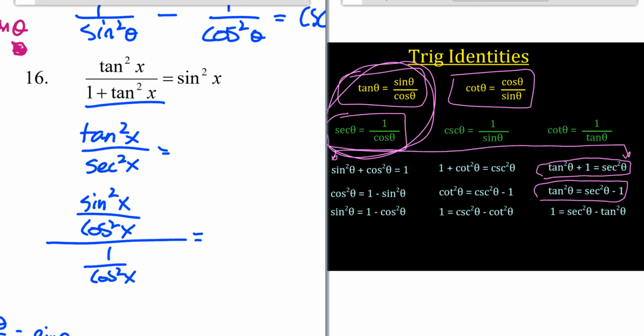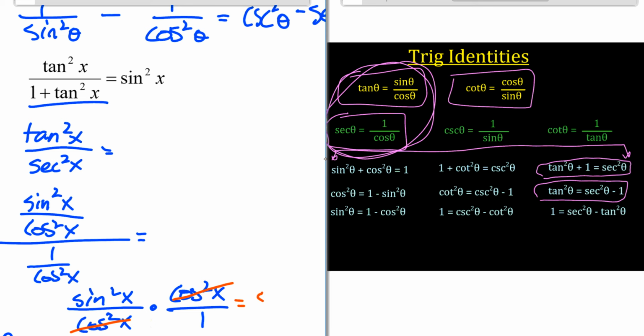Like we've talked about a few times, when you're dividing fractions, you can multiply by the reciprocal. So this is sine squared x over cosine squared x times the reciprocal of the bottom, which is cosine squared x over 1. We have cosine squared x on top and on bottom, those cancel out, and look what we're left with. Sine squared x over 1, which is sine squared x.